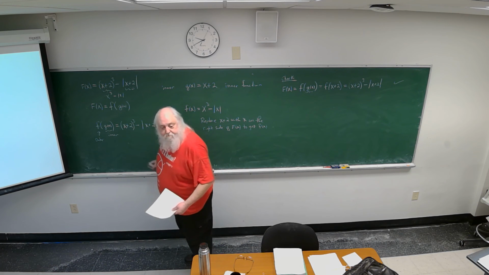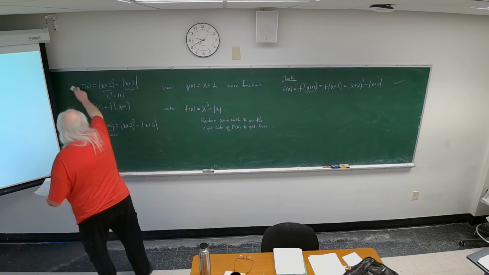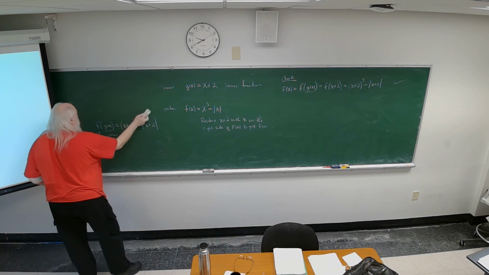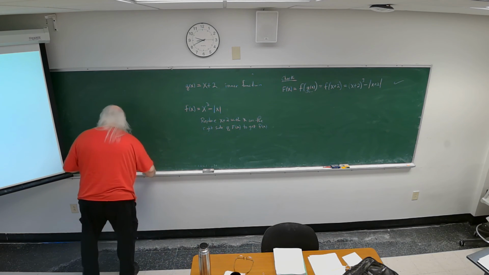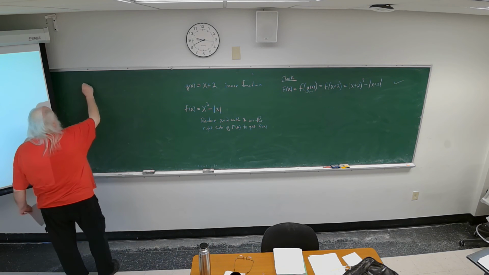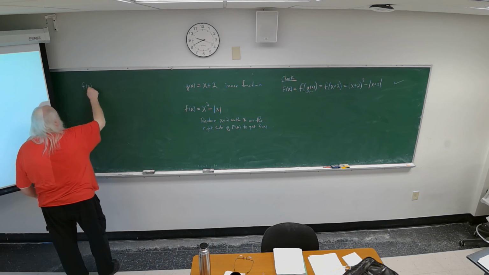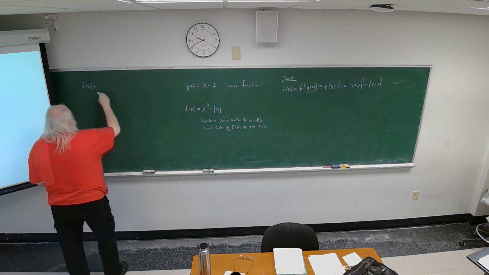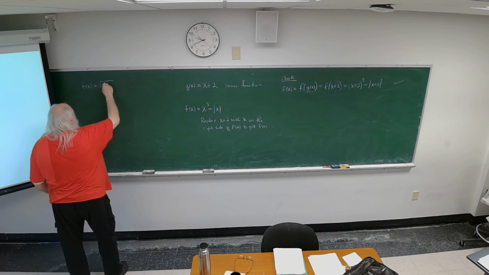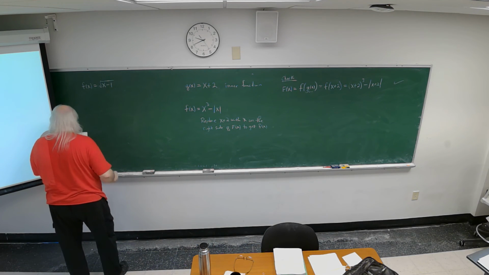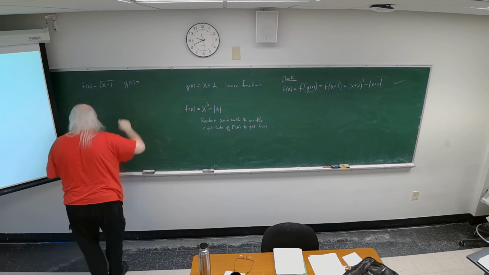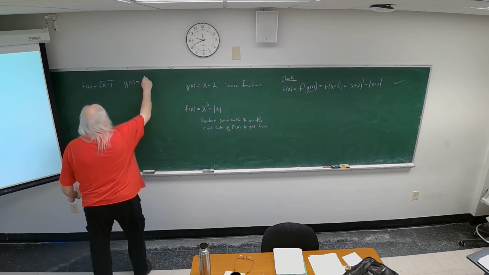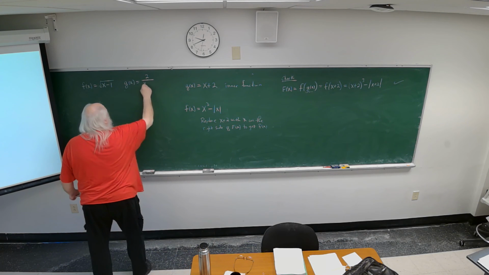And erase this. All right, so in 6, you're given little f of x equal to the square root of x minus 1, and g of x equal to 2 over x minus 3.